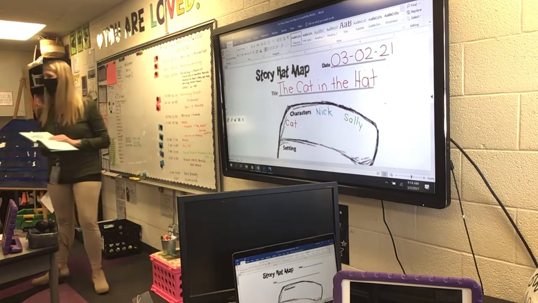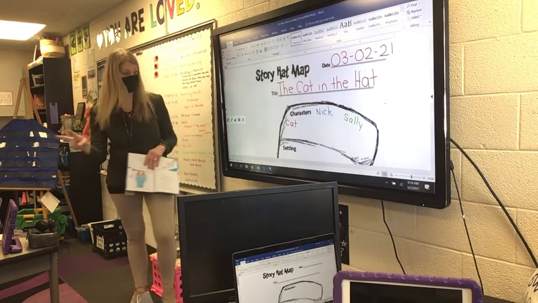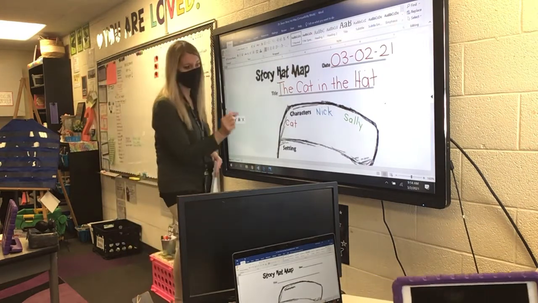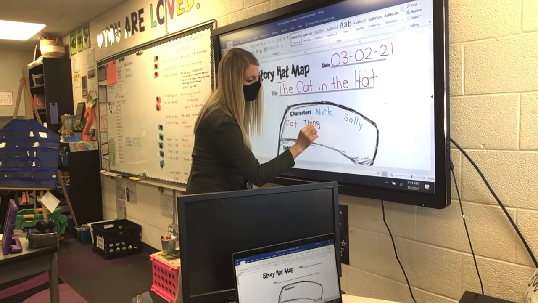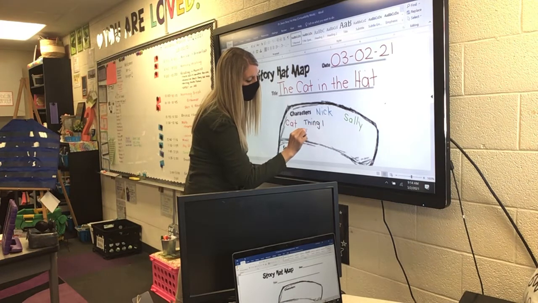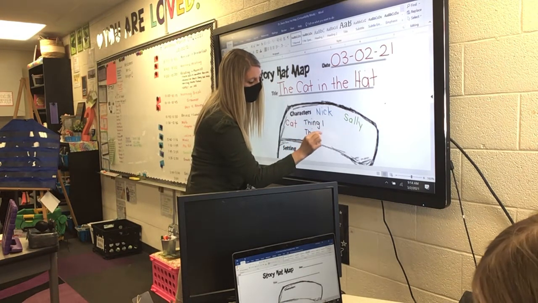Who else? Thing 1 and Thing 2. So we're going to have to kind of squeeze that in here. Thing, T-H, and then I-N-G. And then underneath I can just put Thing 2.